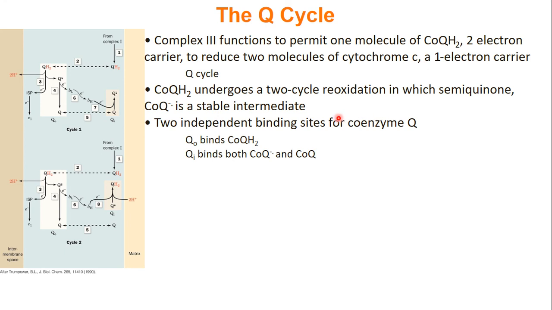So each coenzyme Q undergoes a 2-cycle reoxidation reaction in which our semiquinone, that is our 1 electron version, is a stable intermediate. And here, in complex 3, we actually have 2 different sites in which we can bind coenzyme Q. The QO site and the QI site.